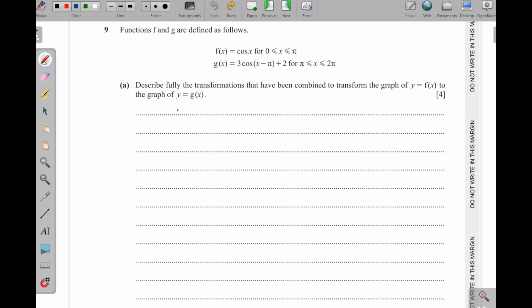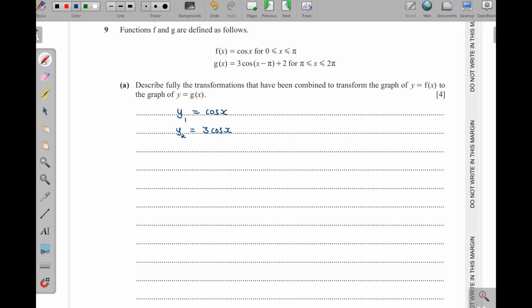Now, we have our y1, which is equal to the cosine of x. Then, the second one, we see that there is something that has been done on the x. Okay? So, I first consider these 3 being multiplied. So 3 times the cosine of x here.